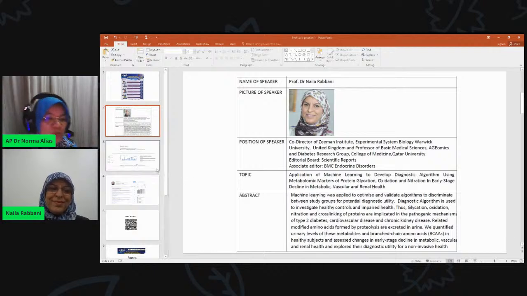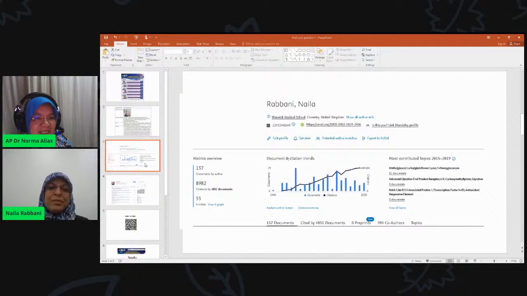We want to share with Professor Dr. Naila how powerful machine learning, especially support vector machine, is to diagnose some diseases. This is very impressive research.